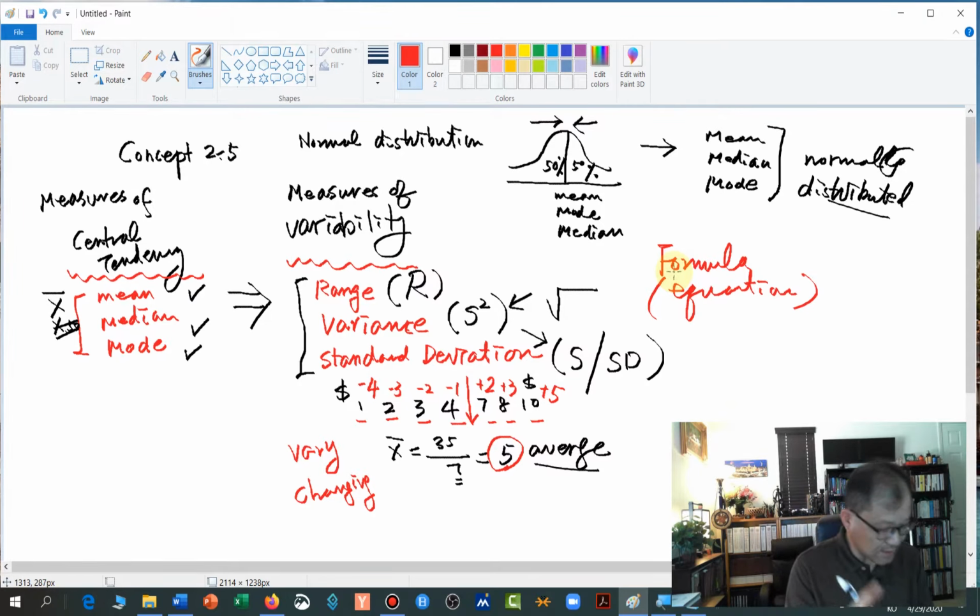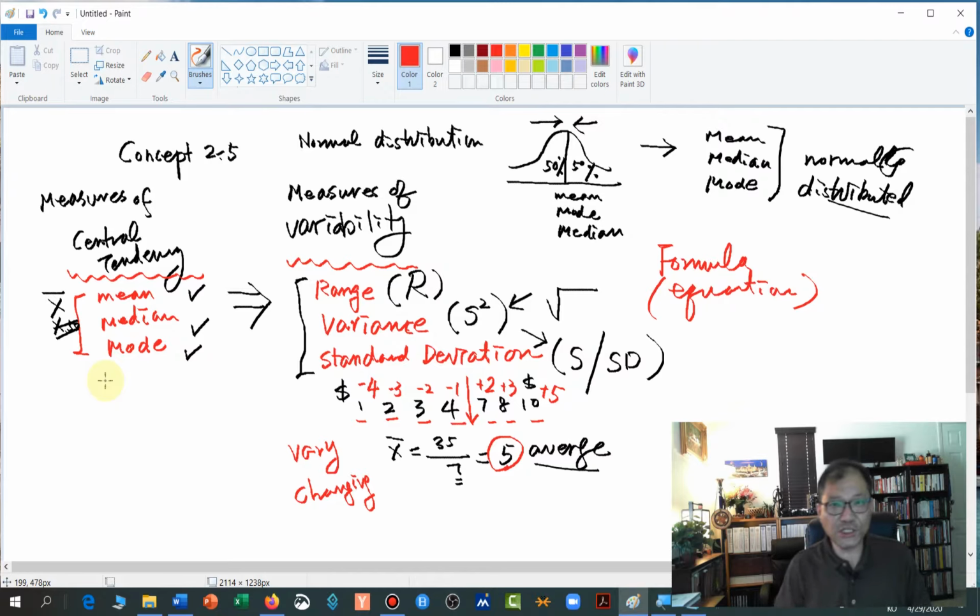Before we move on to the next concept 2-6, which is related to concept 2-5, let's repeat together. There are three ways that you can measure central tendency: mean, median, mode. Next, numbers are not always equal.